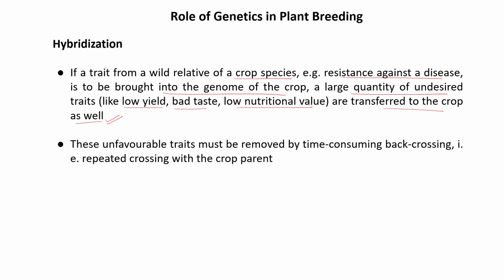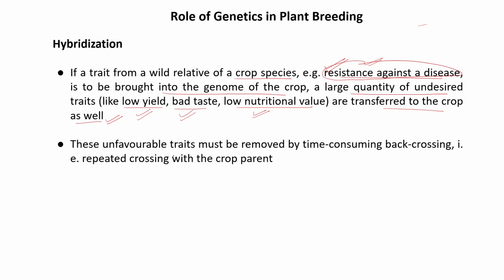Sometimes what happens is we desire this resistance against the disease, but along with this disease resistance trait, some other undesired traits can also come to the plant, that is low yield, bad taste, or low nutritional value.